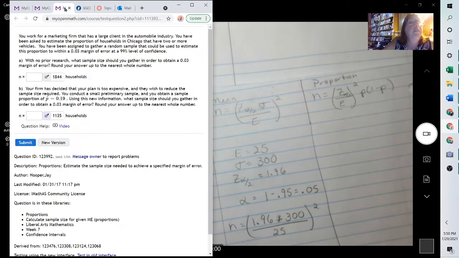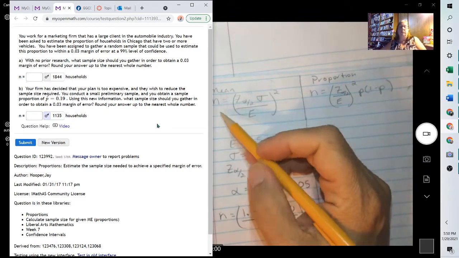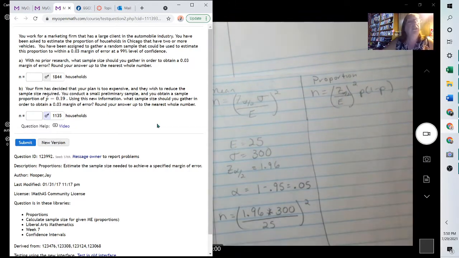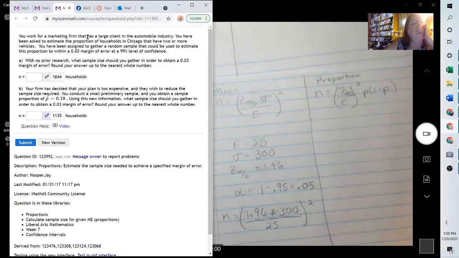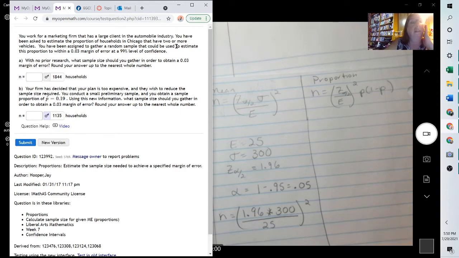Another problem, this one here, deals with proportions. So instead of the mean formula, we use the proportion formula. You work for a marketing firm that has a large client in the automobile industry. You have been asked to estimate the proportion of households in Chicago that have 2 or more vehicles. You have been assigned to gather a random sample that could be used to estimate this proportion to within 0.03.